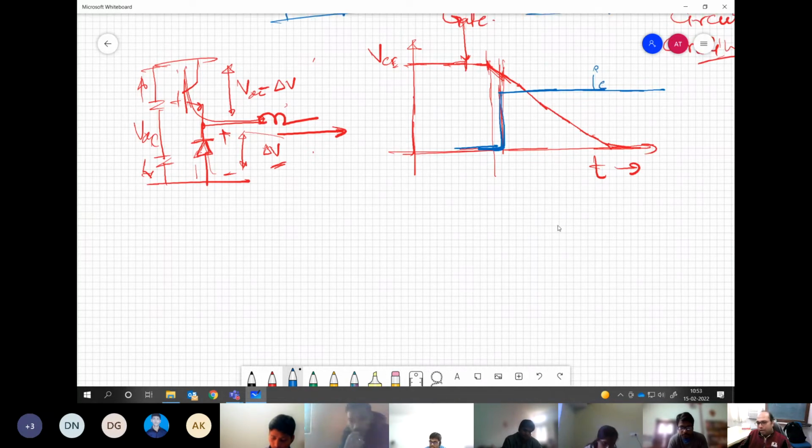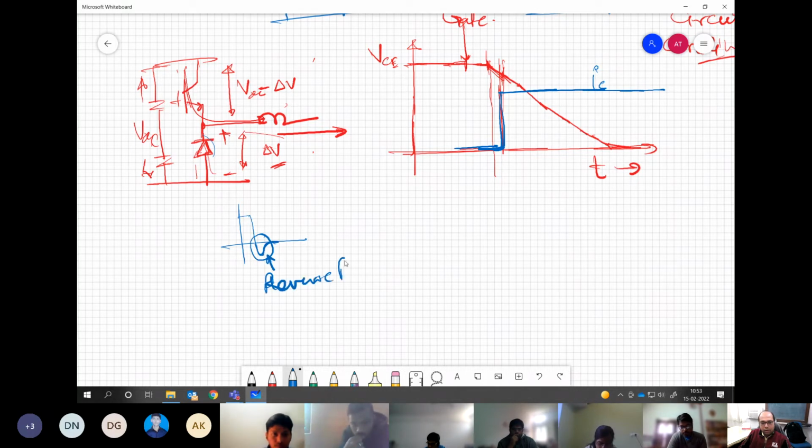There will be one more interesting thing which will happen on this current, because this is a diode. So diode current will fall almost instantly, and there is something known as reverse recovery current also associated with the diode. We all know what it is. But the effect of this reverse recovery current will be, because total current is the same, it is I, whatever is going negative will appear on the device, and there will be an overshoot on the device current.